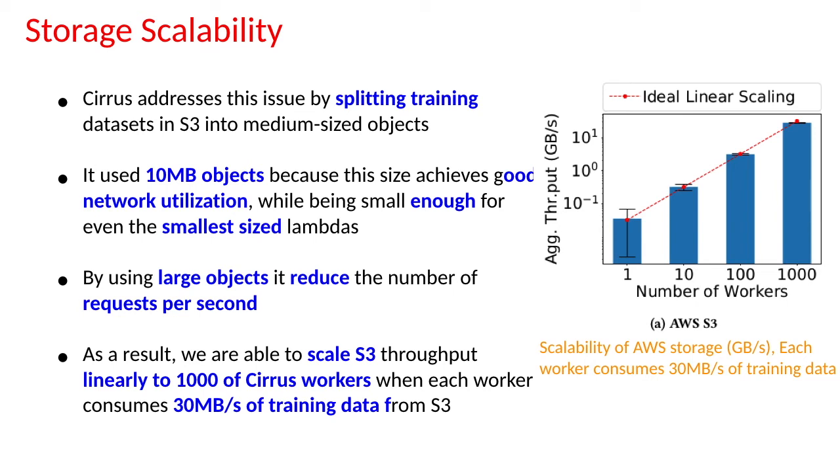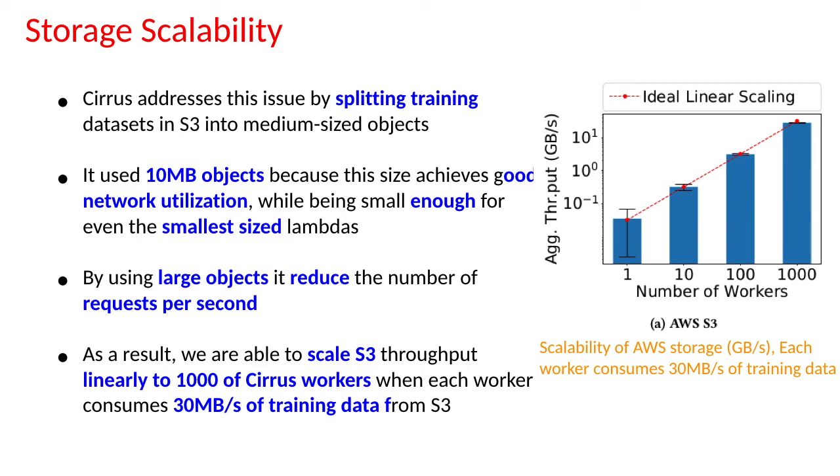As shown in the graph, it achieves ideal linear scaling from 1 worker to 1000 workers. Each worker consumes 30 MB of training data. As a result, we are able to scale S3 throughput linearly to thousands of CIRRUS workers.